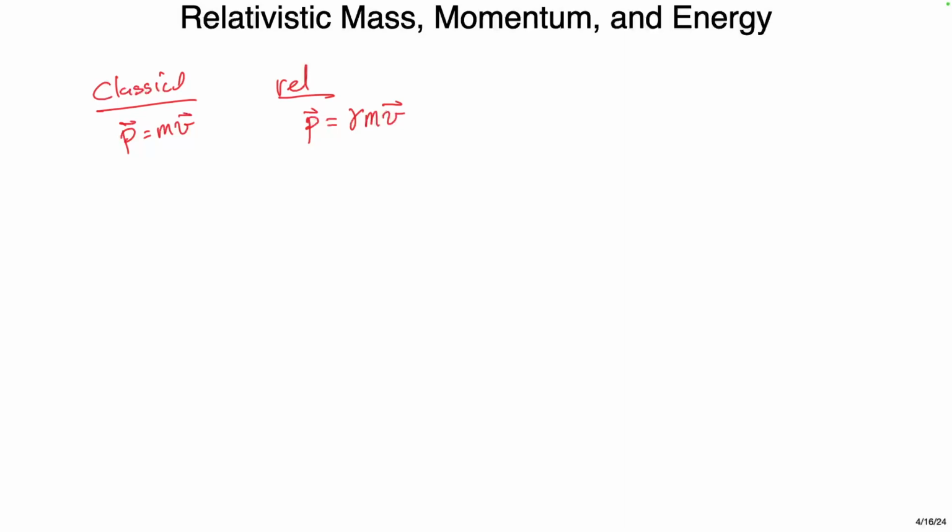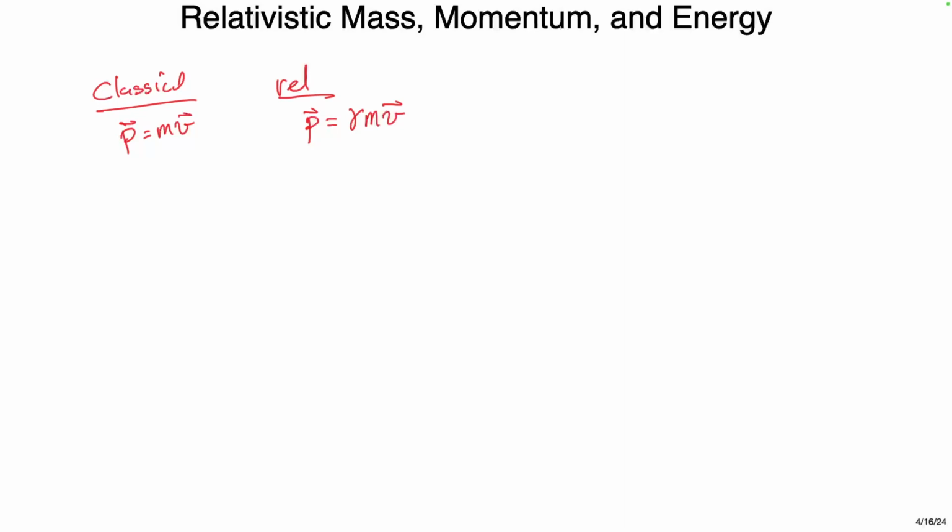There's only two things in that statement that gamma can be operating against: the mass or the velocity. So what does gamma change? The mass or the velocity?